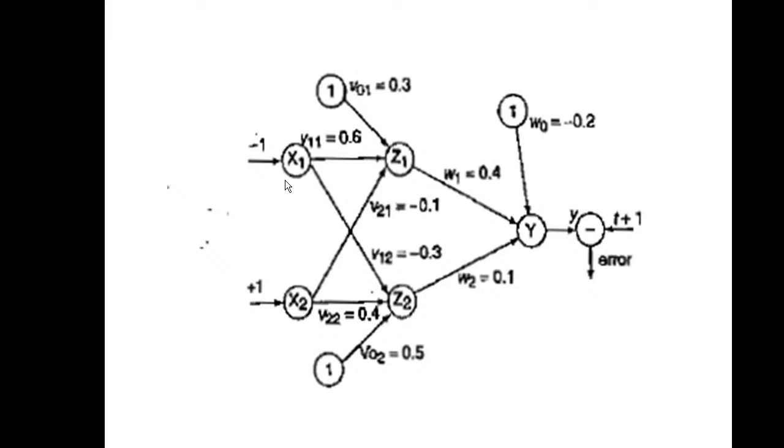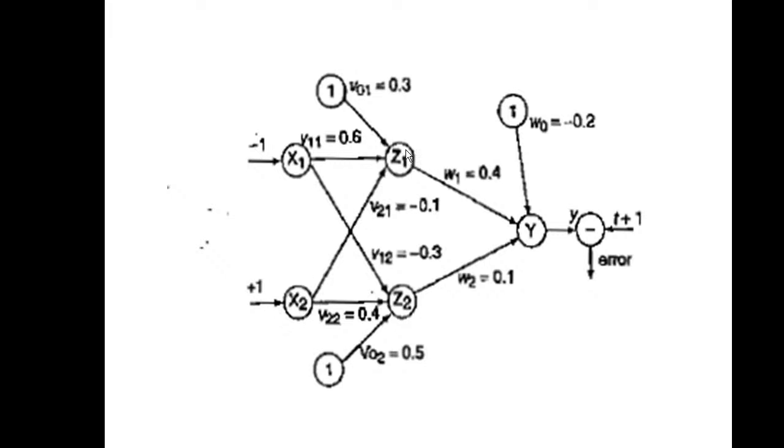If you see, there are multiple layers. First this is the input layer, this is the middle layer, and then this is the output layer. The inputs are x1 and x2: x1 is -1 and x2 is +1. From x1 to z1 it is connected by v11, and the weight is 0.6.